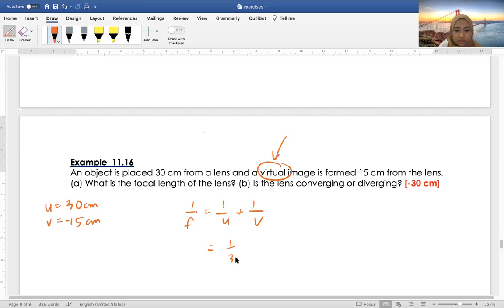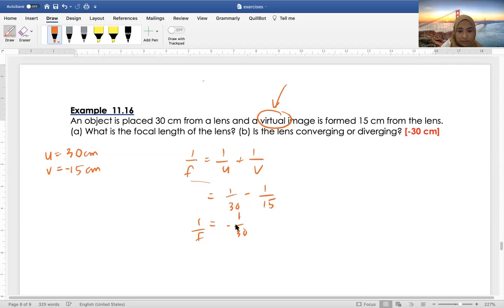So 1 over 30 minus 1 over 15 will give me negative 1 over 30. So f equals negative 30 centimeters. So negative f means diverging lens.